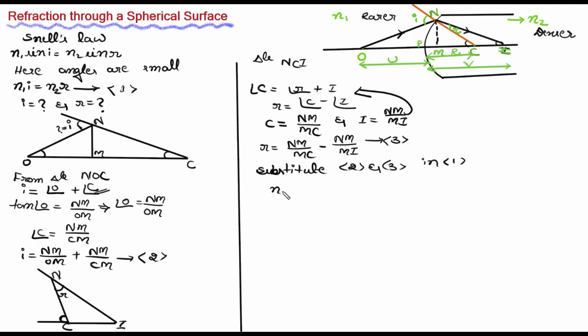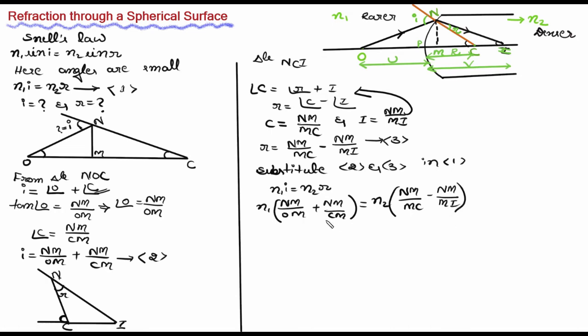It says N1 I is equal to N2 R. So, N1, the value of I is from equation number 2, it is NM divided by OM plus NM divided by CM, is equal to N2, written as it is, R from equation number 3, it is NM divided by MC minus NM divided by MI.